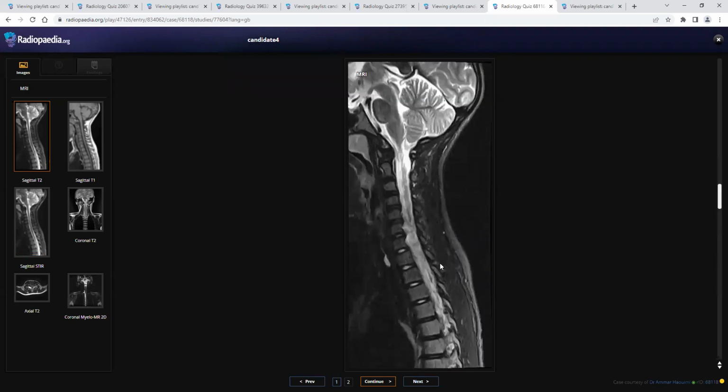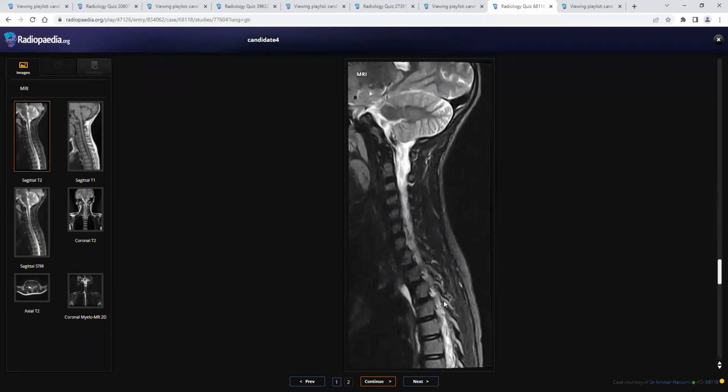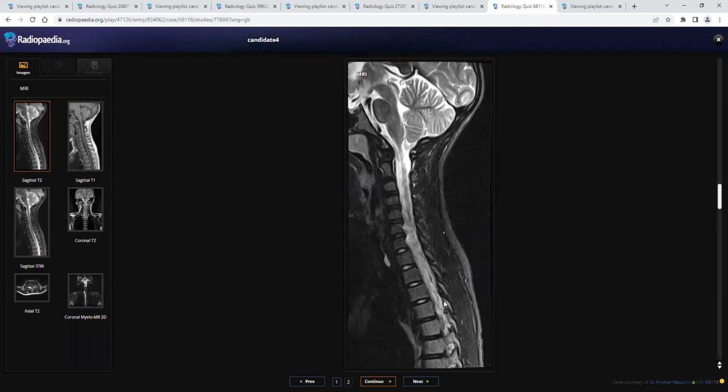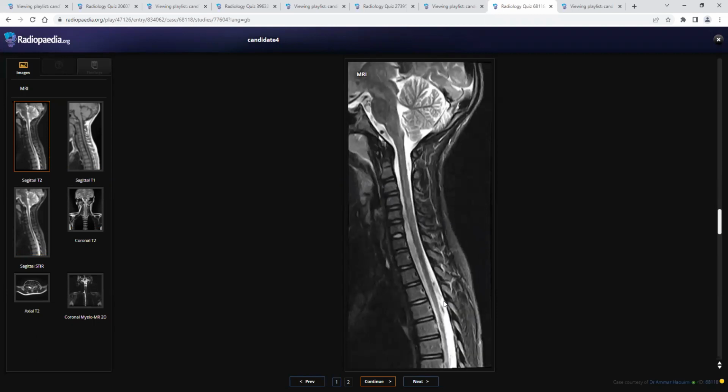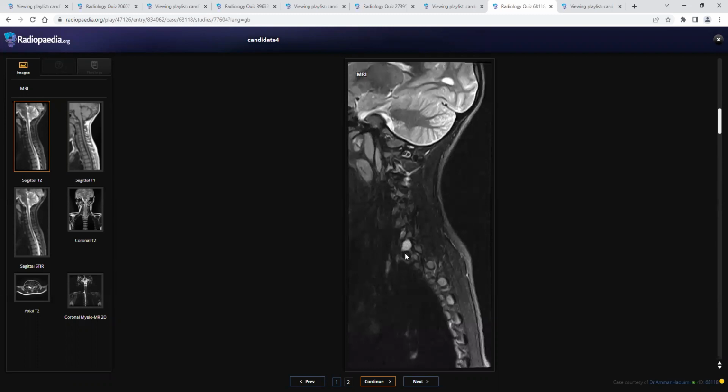The cord appears normal in caliber and no evidence of any abnormal hyperintense lesion within the spinal cord. The adjacent vertebrae are fine. No evidence of any tonsillar herniation in the foramen magnum. The patient is right-sided.